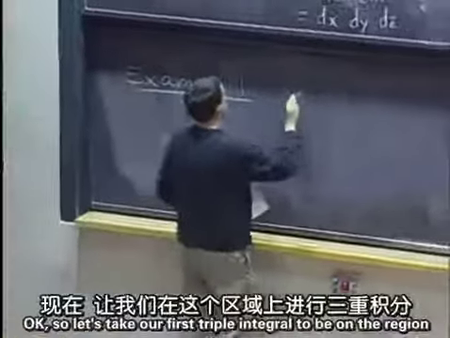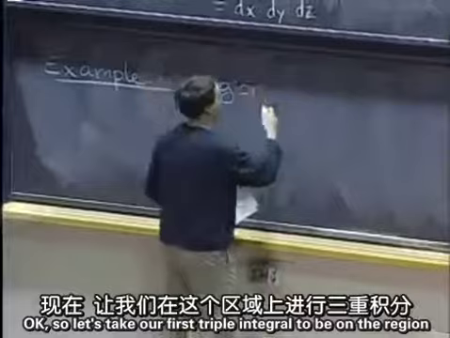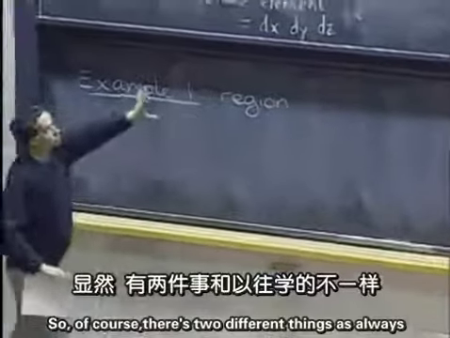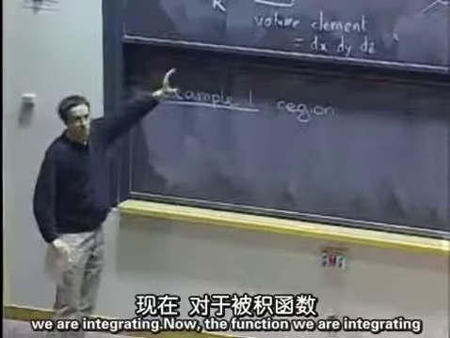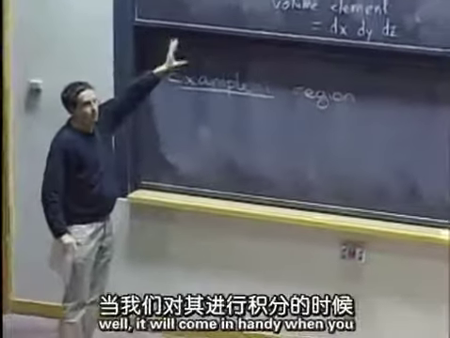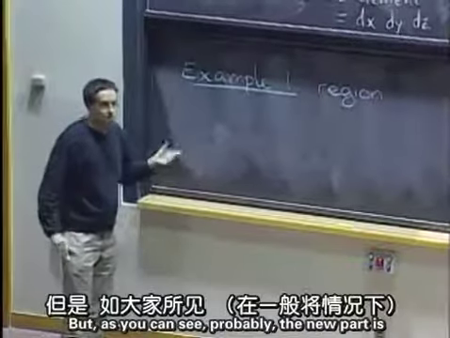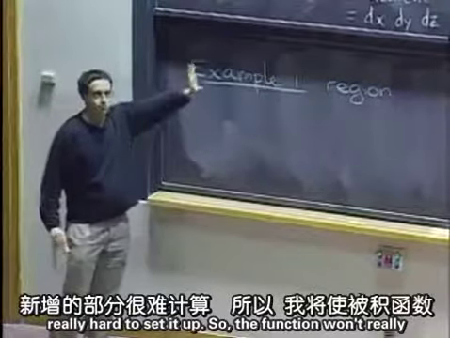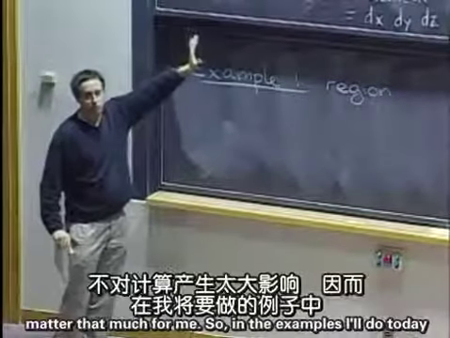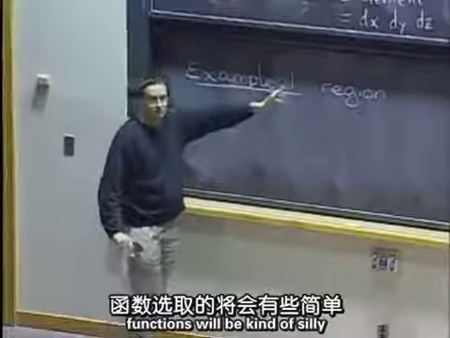Okay, so let's take our first triple integral. Of course, there are two different things, as always. There's the region of integration, and there's the function we're integrating. Now, the function we're integrating will come in handy when you actually try to evaluate the integral. But as you can see, probably, the new part is really how to set it up. So the function won't really matter that much for me. So in the examples I'll do today, functions will be kind of silly.